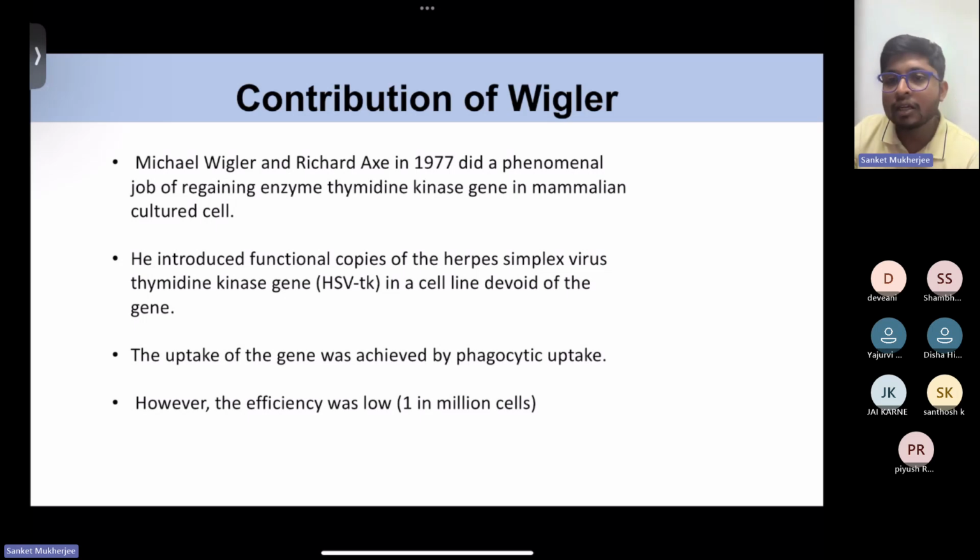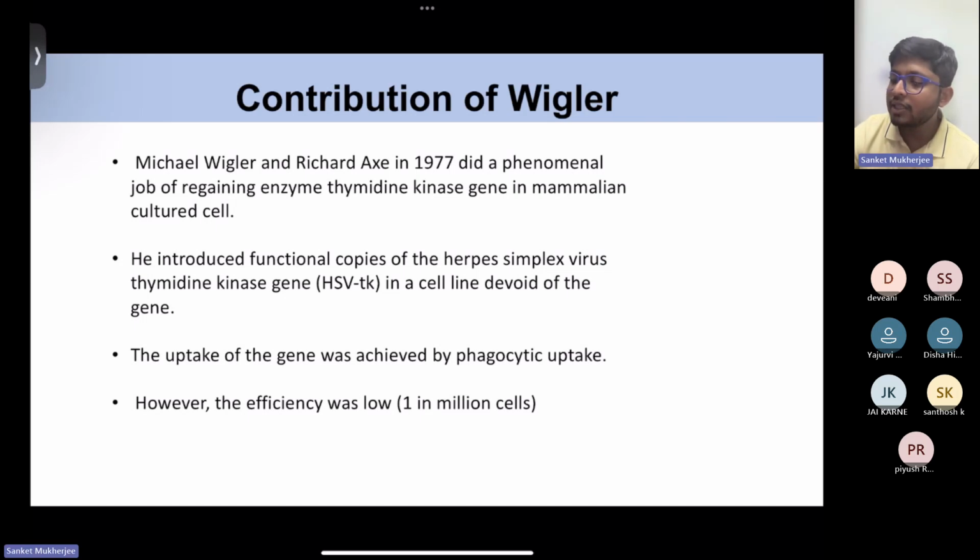Herpes viruses are a group of viruses which are abundantly found in humans. They usually infect every human. So from this virus, they got the functional copies of the thymidine kinase gene, and they introduced these genes to a cell line that did not have this gene.